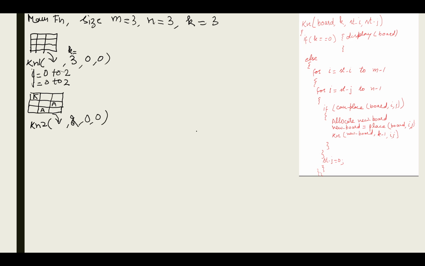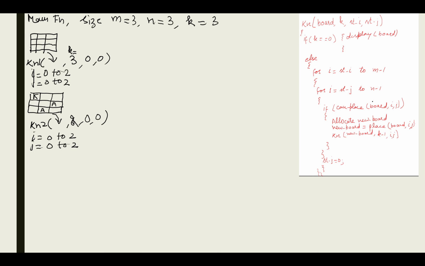Now in this function also, since k is not 0, we come to the else part. The i loop starts from 0 to 2, the j loop starts from 0 to 2, and now can we place at board 0 0? We cannot place it because there is already a knight there.